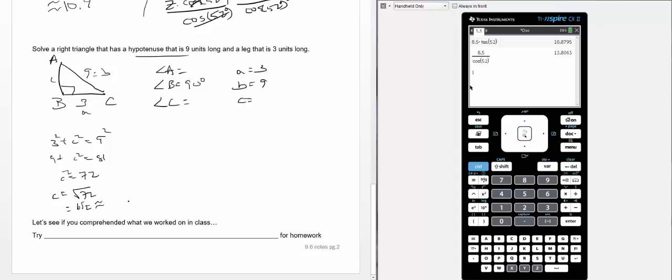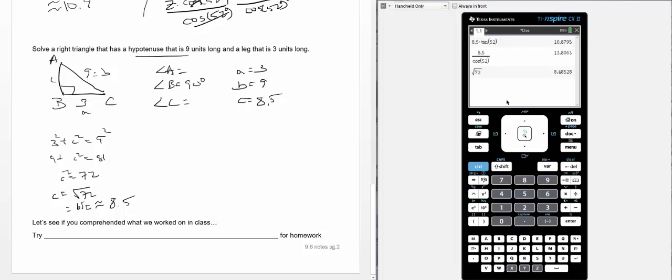To the nearest tenth as before, that's about 8.5. I can show that on my calculator. Square root of 72, so to the nearest tenth, 8.5. So side C is about 8.5.